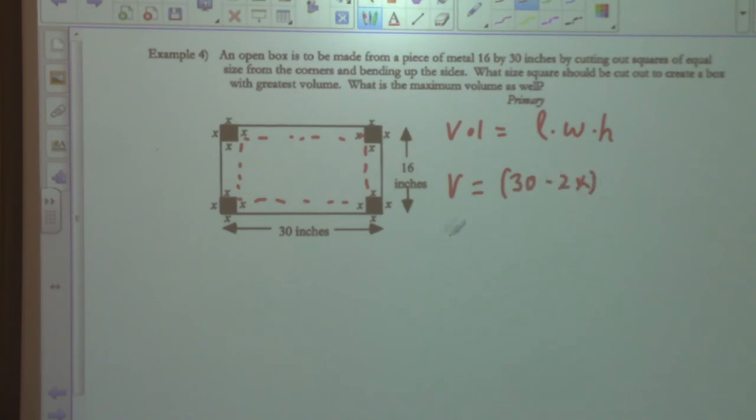And what is going to be our width of the box? 16 minus 2x. And what is our height of the box? We fold up the flap. How high is our box? It'll be x. So here we have length times width times height.